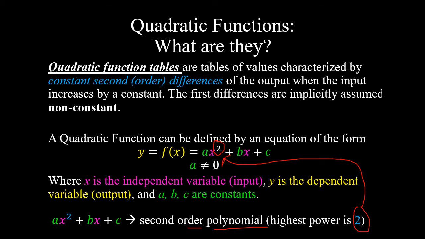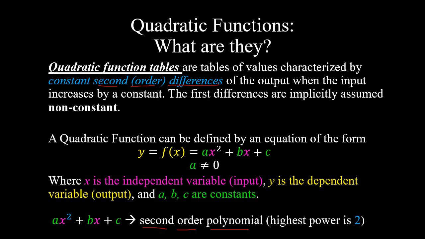And listen to what I just said, you guys. I just said that it is called a second order polynomial. Second order differences, okay? I hope this helps you remember that this whole idea of the second order is really important, right? When we look at those tables of values, we want the second order differences to be constant, all right?